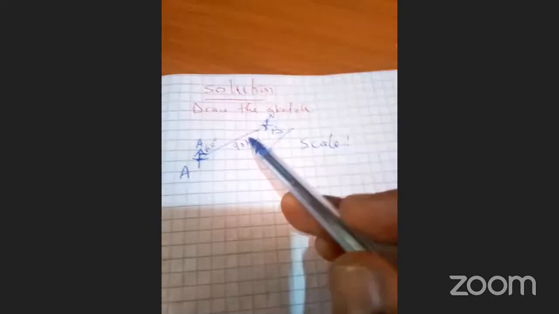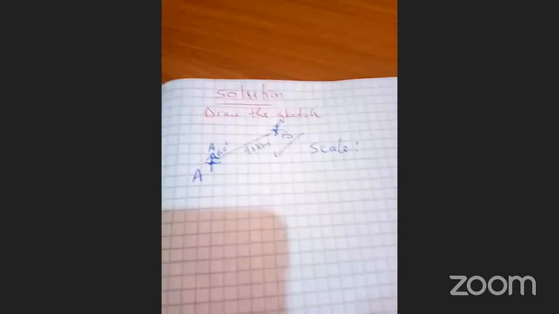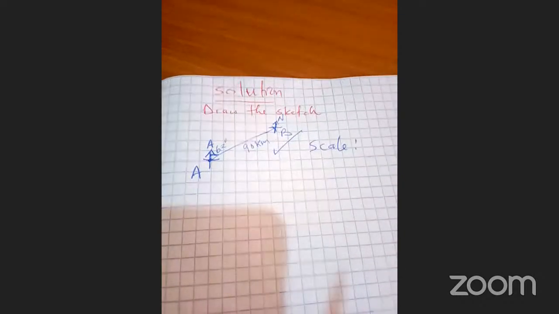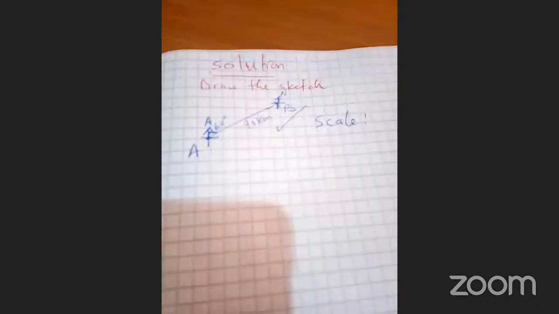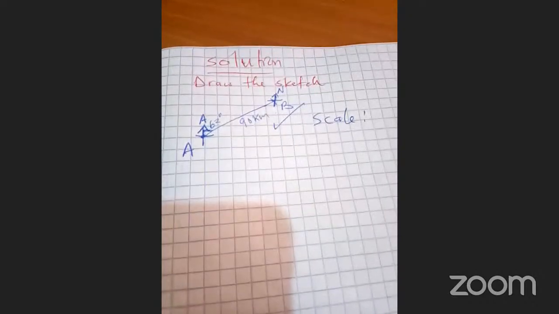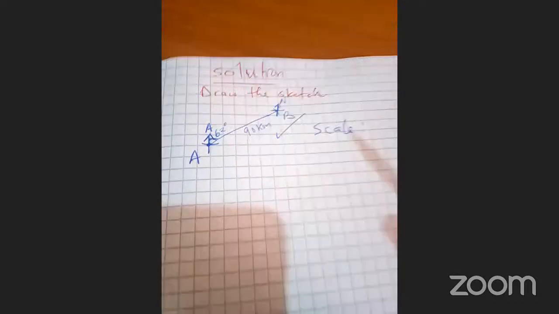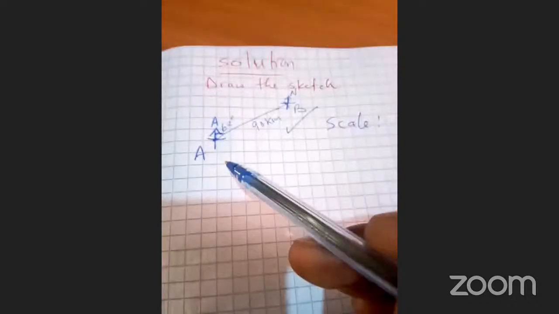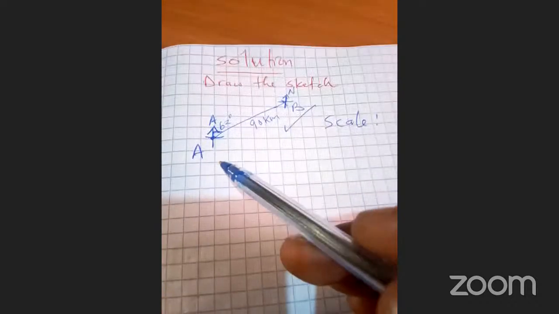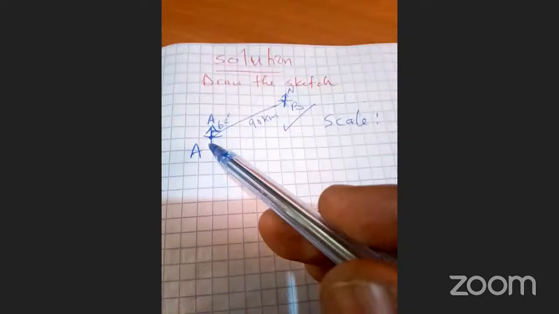Nelly, mahali gani haujaelewa? Okay, let me repeat. You are told that B was 90 kilometers from A on a bearing of 062.